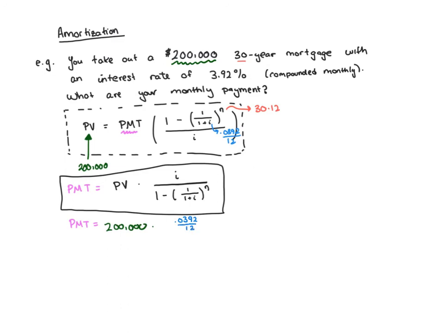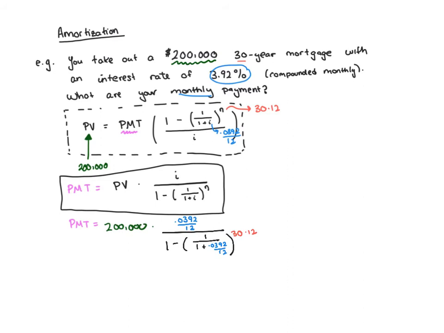That's my I. And then that's divided by 1 minus 1 over 1 plus that I again, 0.0392 over 12. Right, that's my interest rate. We have to do it monthly, to the n, where the n is the number of payments, 30 times 12.